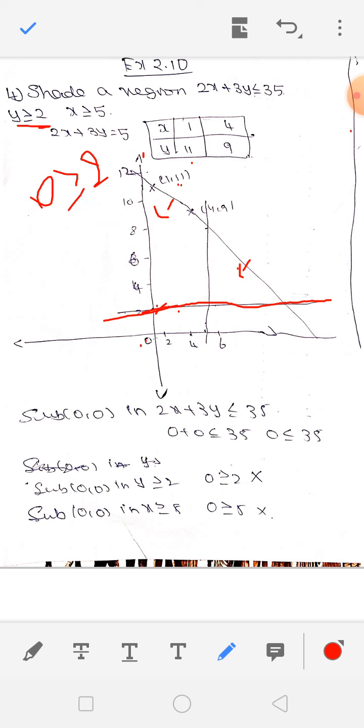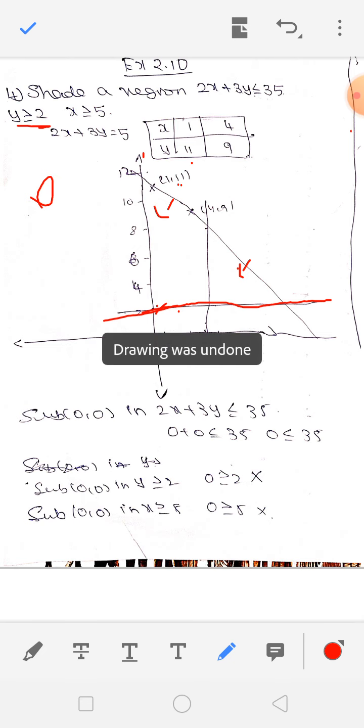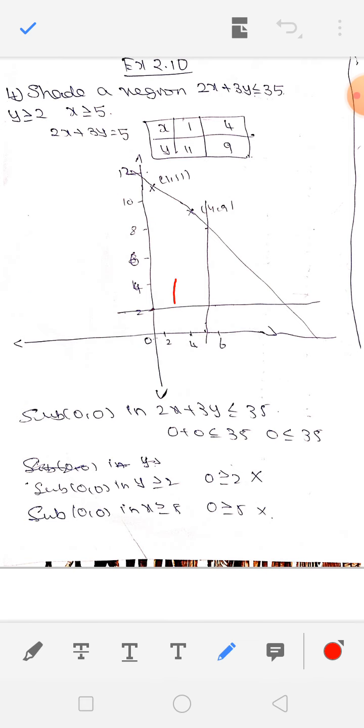So the interior of this line is not possible. So only the outer side is possible. To check, suppose I take 0 comma 4. If I substitute 0 comma 4, your answer will be 4 greater than or equal to 2. In the place of y, just put the 4. Is it correct? So only the exterior is true. So this is the region for this line.